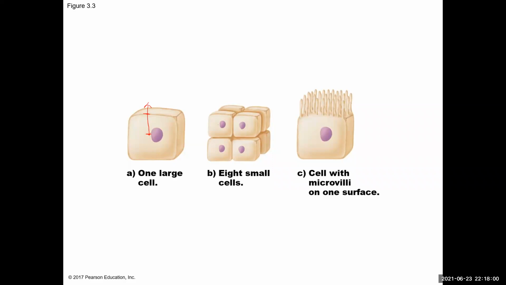Whereas if the ion is at this point in the cell, that distance it has to travel is much smaller compared to the larger cell. So that space inside, that volume, is smaller compared to the surface area. So this example has a higher surface area to volume ratio. Okay, so surface area to volume ratio.